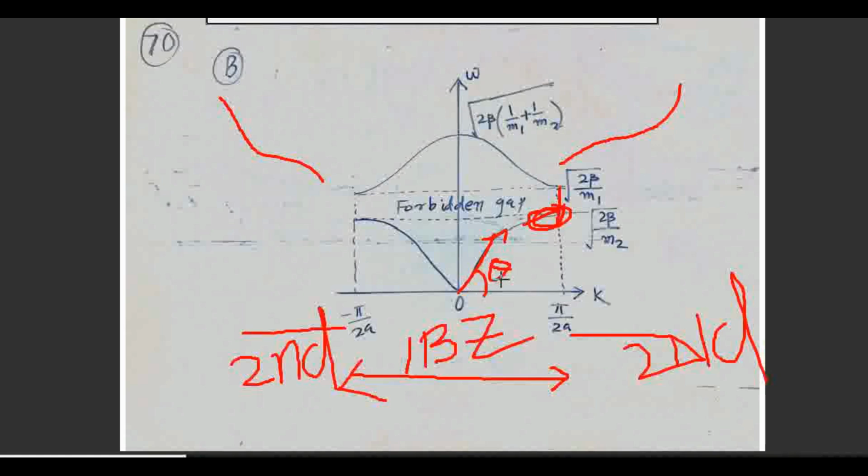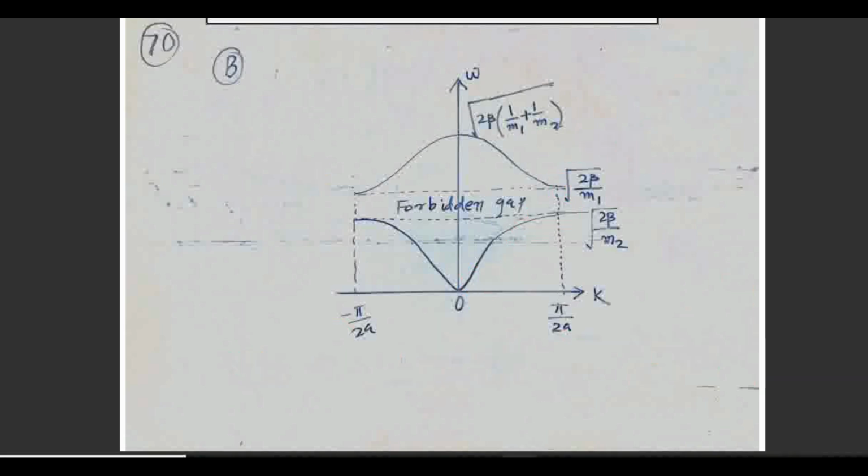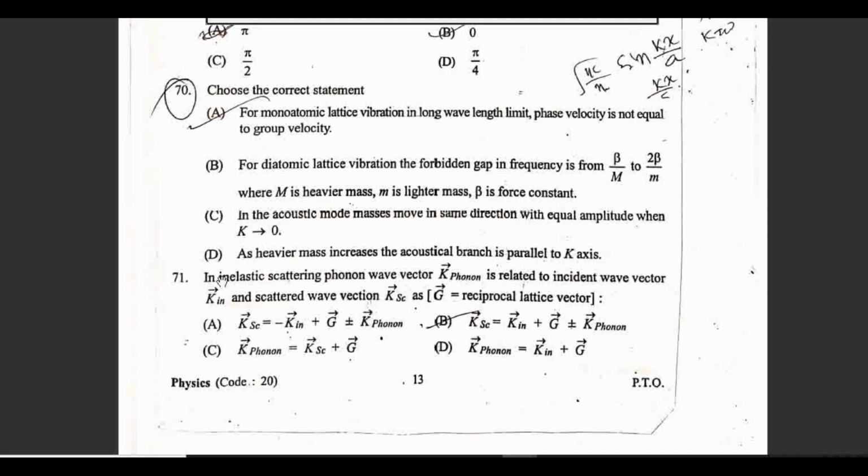So when mass m2 increases, this initial condition, that means when k tends to 0, is not giving you 0. That means at this condition, it is not parallel to the k axis. When k tends to infinity, maybe it is parallel. But for option D to be correct, both conditions should be satisfied.